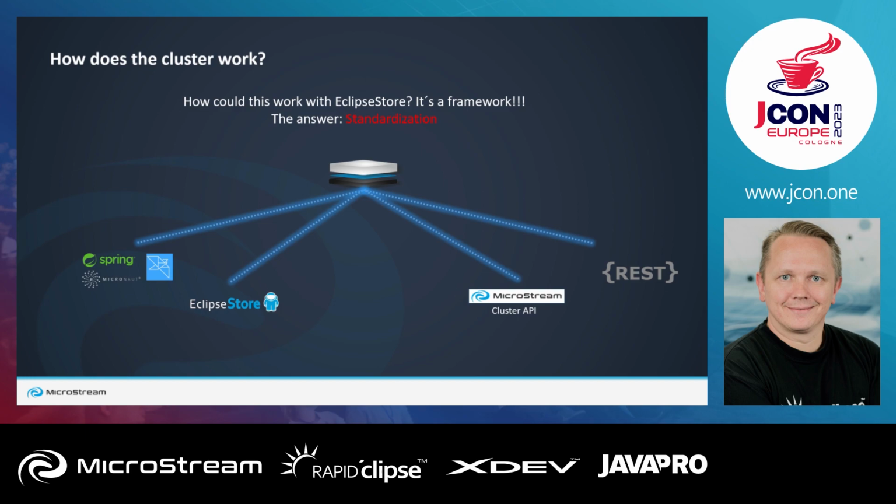Let's have a look at how our applications in our cluster could look. On the left we have our basic frameworks. We support Spring, we support Micronaut, and we support Helidon. On the other side, we have our REST interfaces. These interfaces are also quite standardized, and they should work. In the middle we have two things: the MicroStream Cluster API, which helps you with clustering, and Eclipse Store on the other side.